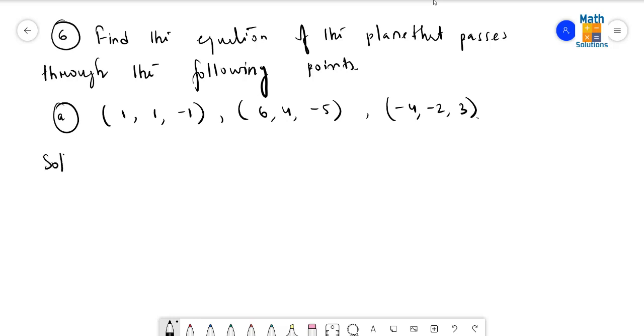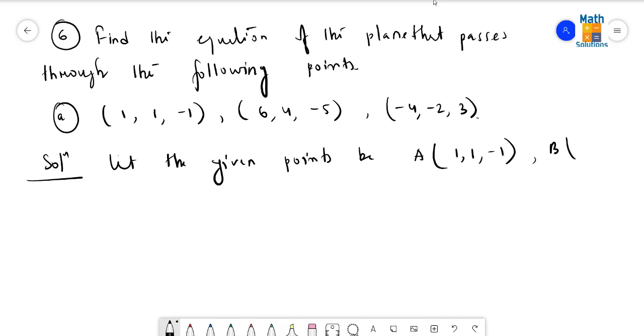So coming to the solution part, directly formula could be used here. First we have to check the collinearity of the given points, whether these are collinear or not. First of all we are going to consider these 3 points as A, B and C. Let the given points be A (1, 1, minus 1), B (6, 4, minus 5), and C (minus 4, minus 2, 3).